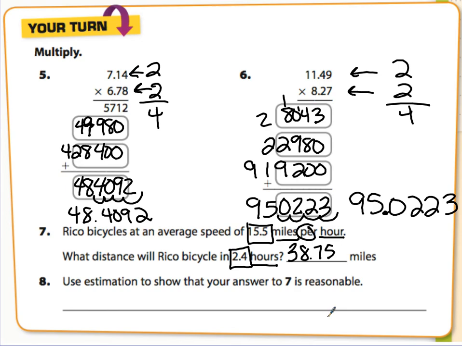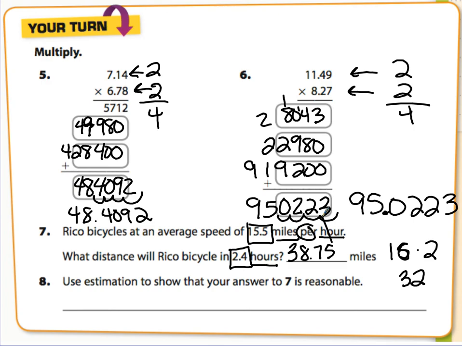And then if you used estimation, you would have looked and saw that, okay, 15.5 could be rounded to 15. I would have rounded it to 16 because it's halfway. 2 and 4/10 would be rounded to 2. 16 times 2 is 32. So my answer should be somewhere around 32. Okay?